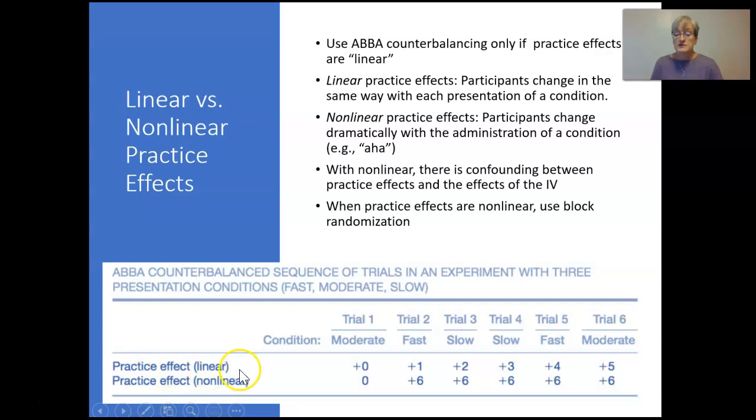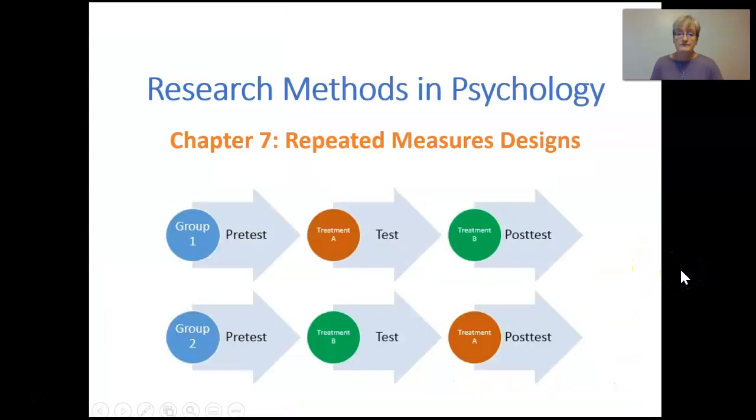So in contrast to a linear effect where you have a steady increase over time in performance, with a nonlinear effect, once they've completed trial 1, they get the maximum score. So they've learned the skill, and it doesn't matter what condition they're in, they do fine. So you would have to use a different approach to deal with the nonlinear practice effect.